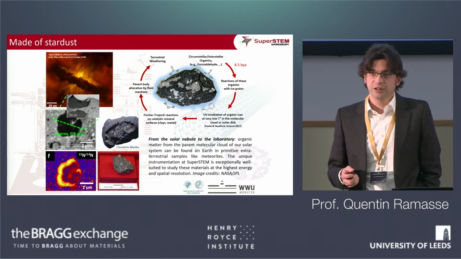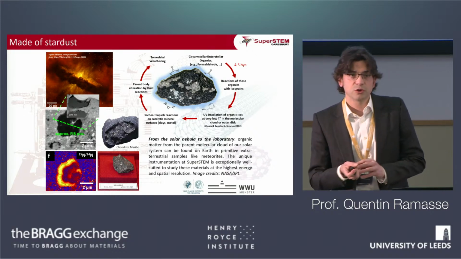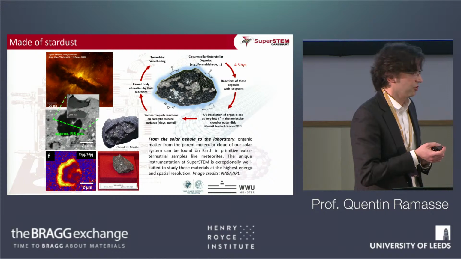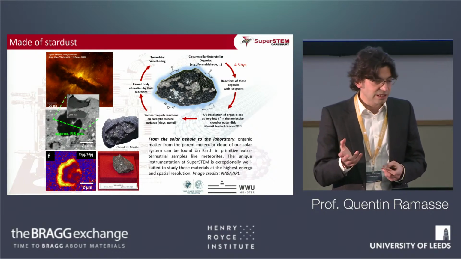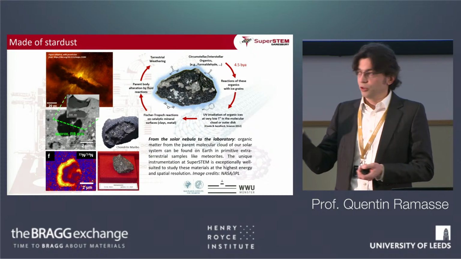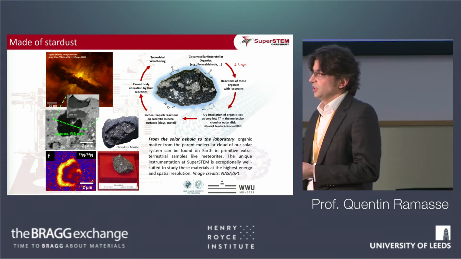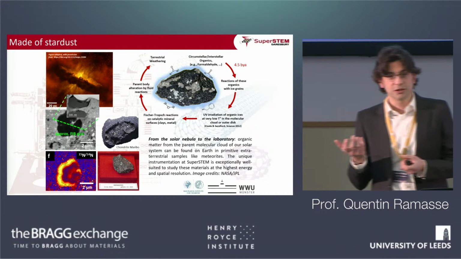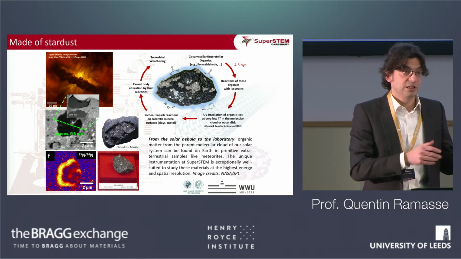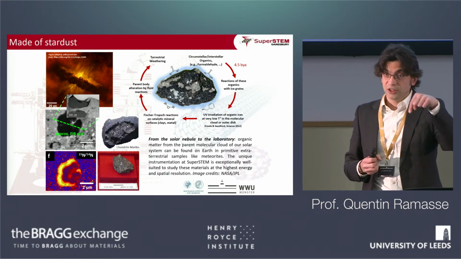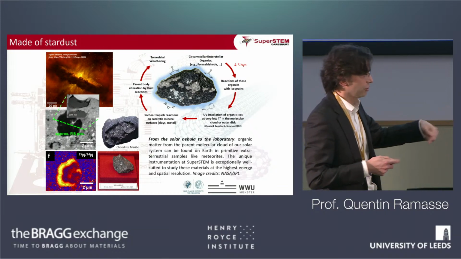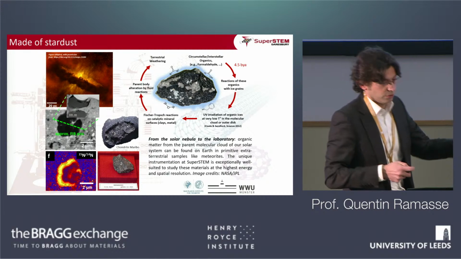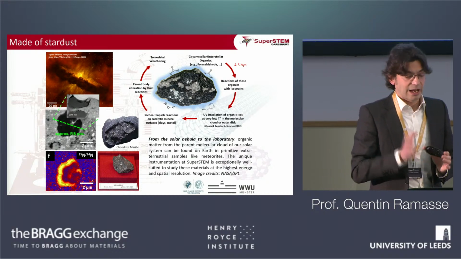And we're lucky enough to have collaborators at the University of Münster who bring us meteorites or sections of meteorites. And what they want to understand is what happens to the organic matter that sits in those little pieces of rock that actually fall to Earth, and apply these very same techniques locally with a probe that is small enough that you can see the local variations in concentration, or in electronic structure, or in functional chemistry at the local level.